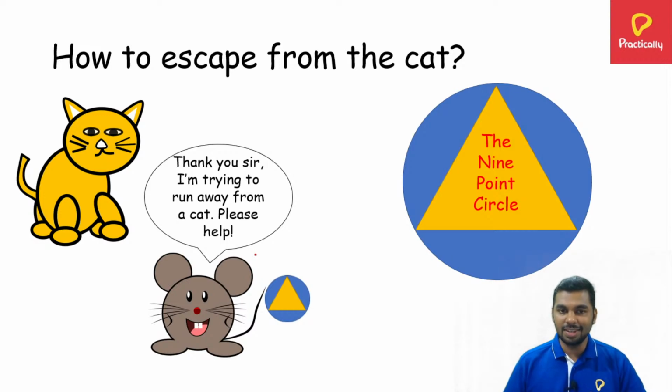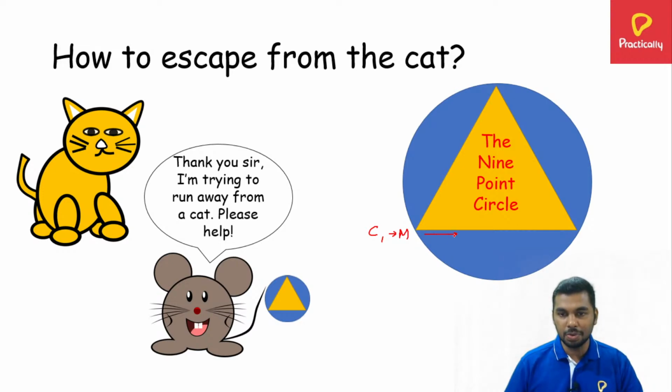So you might have seen when the mouse actually runs, it is not in straight lines, right? It doesn't always run in straight lines. Now, the 9-point circle gives a very good way for the mouse to escape from the cat. Suppose the cat finds the mouse at this point. The cat and mouse are at this point, and the mouse starts running.